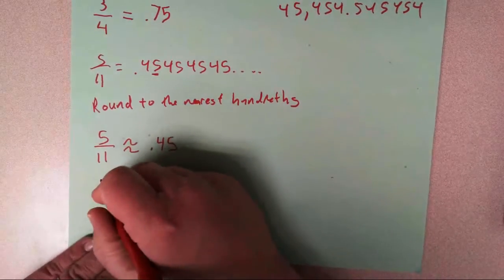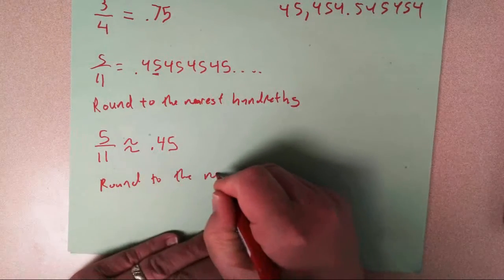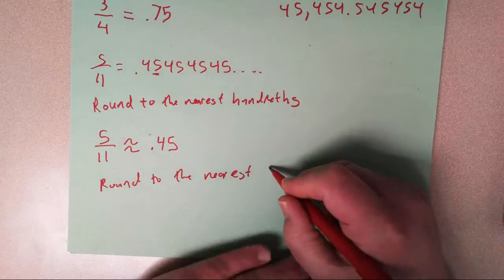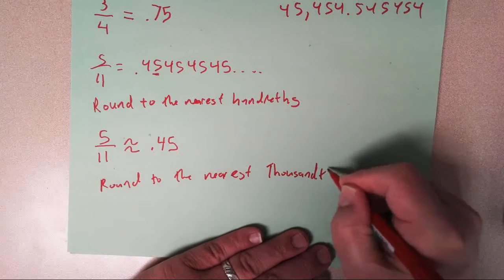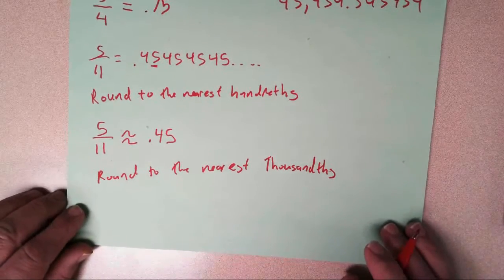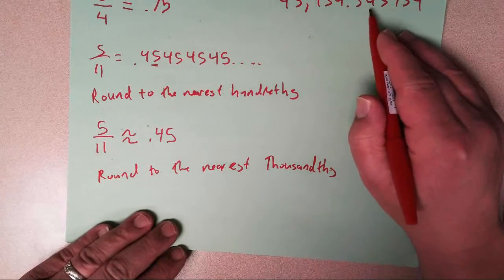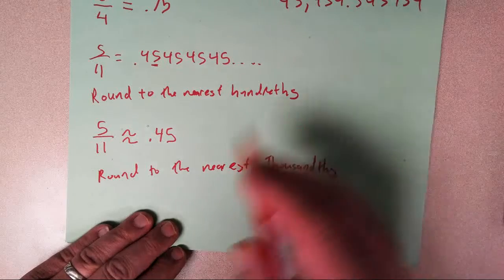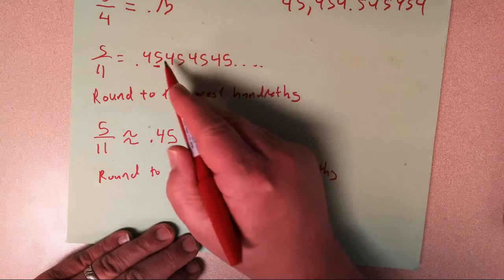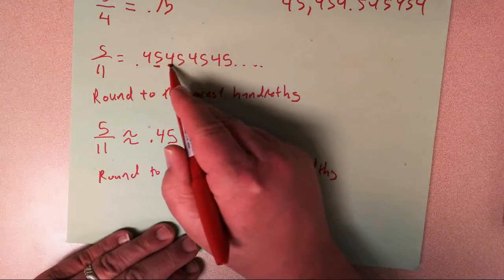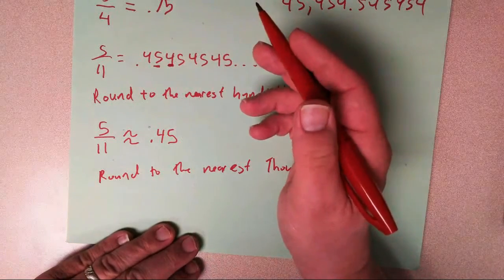Okay, so now if I needed to round to the nearest thousandths place, then this would be rounding to, this is tenths, hundredths, thousandths. So what that means is I'm rounding here to the third decimal place. So I'm wanting to round this 4 either up to 5 or back down to 4.